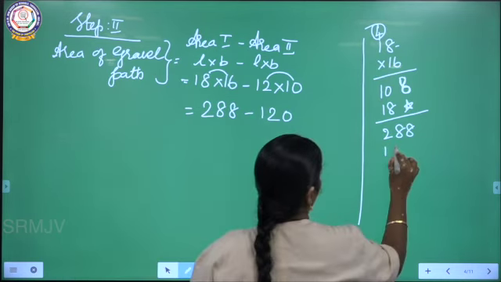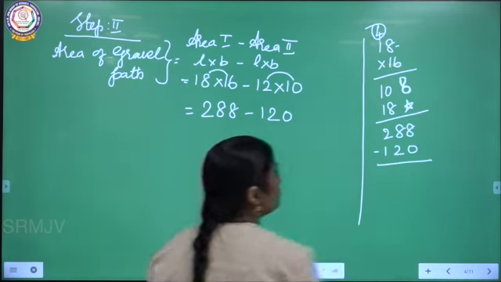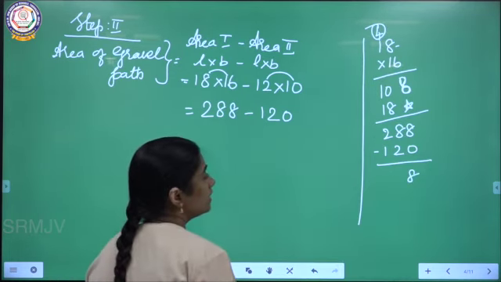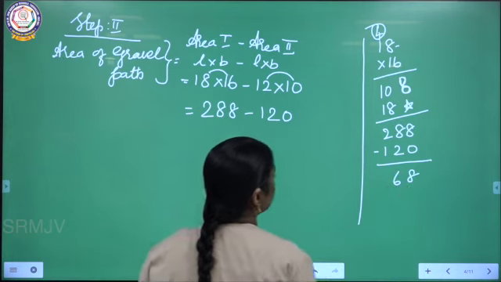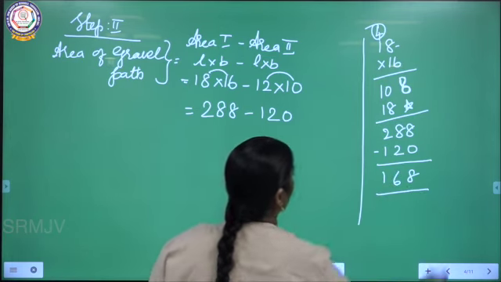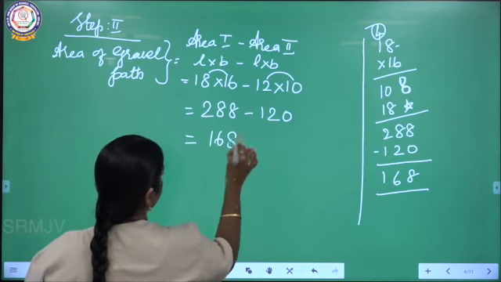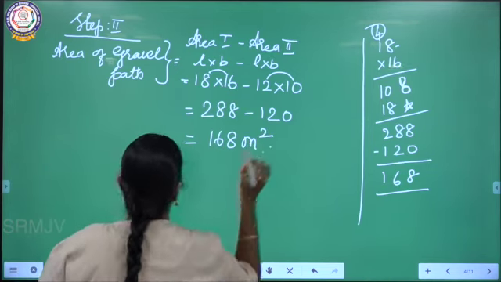120. When I am subtracting this, what can you get? 8 minus 2 is 6. 2 minus 1 is 1. So the final answer is 168 meter square.